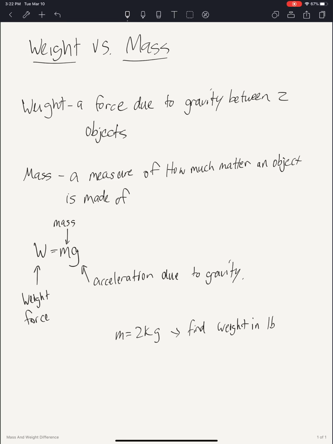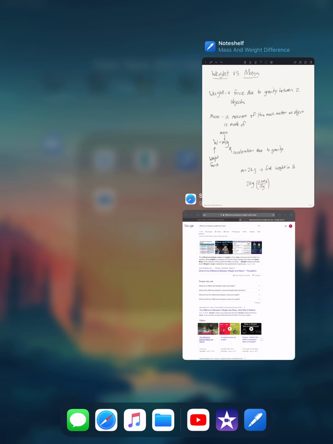And you can look it up, and you can just look up the conversion. You can find that there are 2 kilograms. Let's say 1 kilogram is equal to, do I remember this conversion? I'm worried, 2.04 pounds? That seems right. I wish I'd looked this up. You know what?